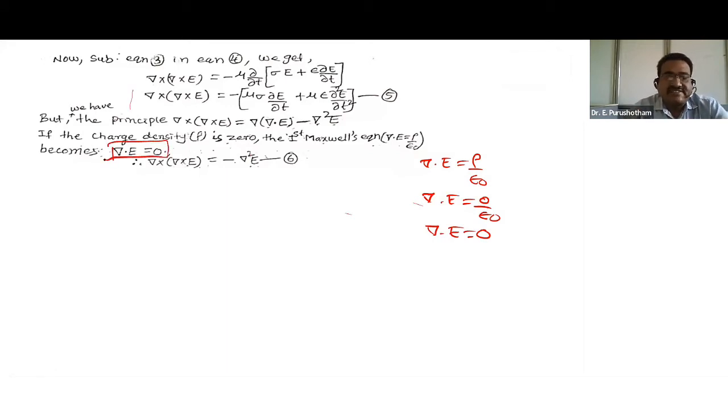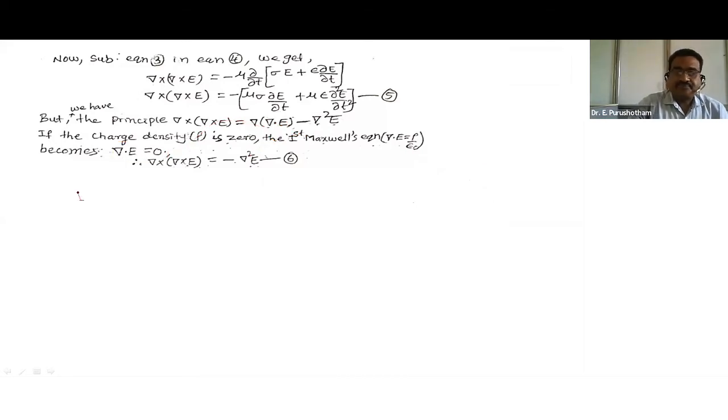Substituting this in the above equation, del into 0 is 0. The remaining part is curl of E is equal to minus del square E. That is equation number 6.